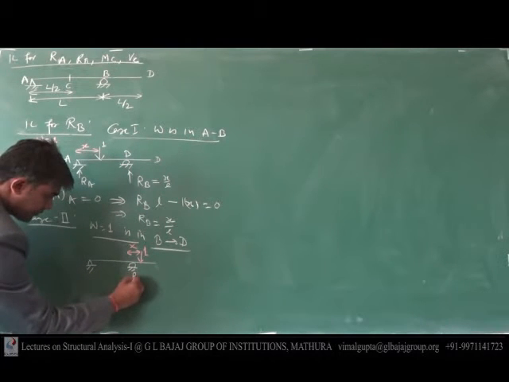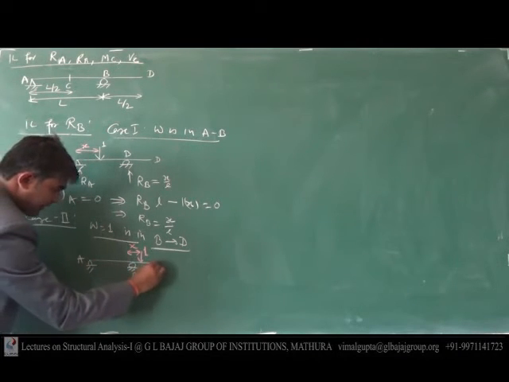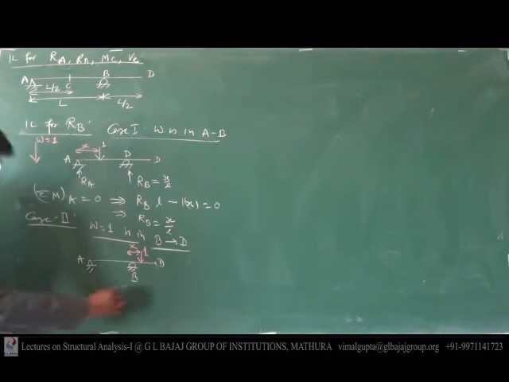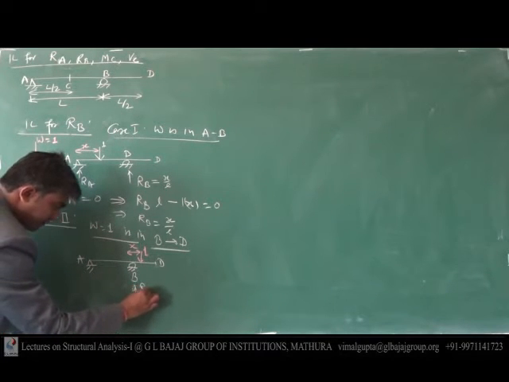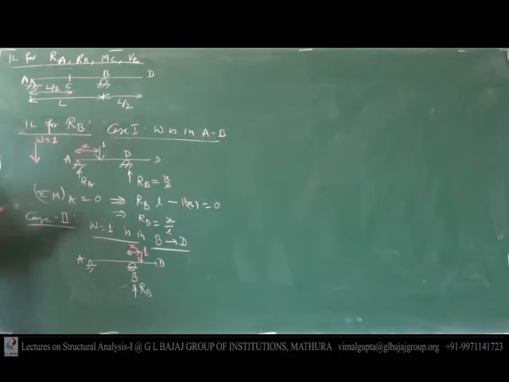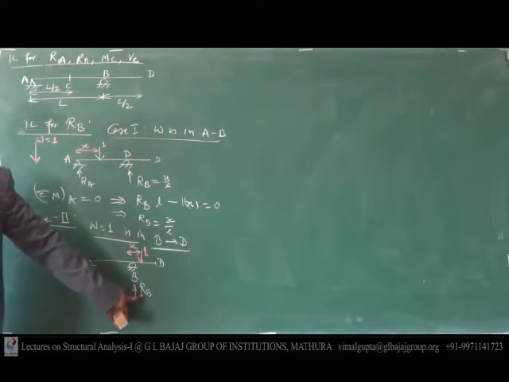This point B, this point A, this point D. And this RB value you have to find. Of course, here it will be RB, RA, no problem, but we are interested to find only that value.